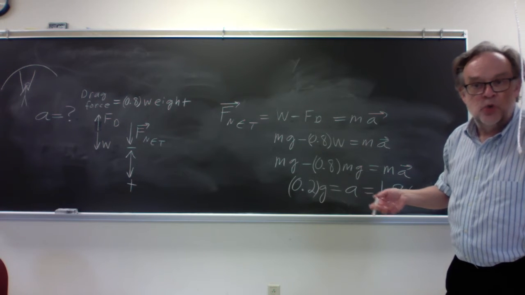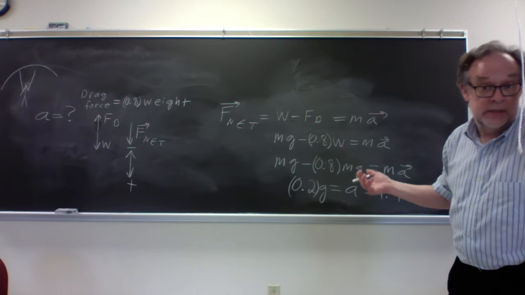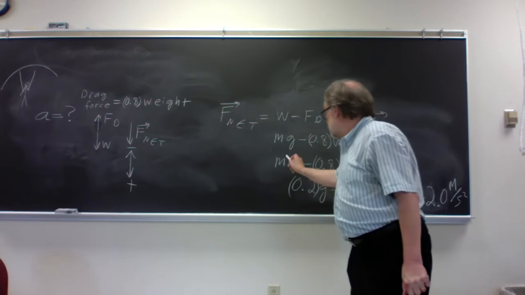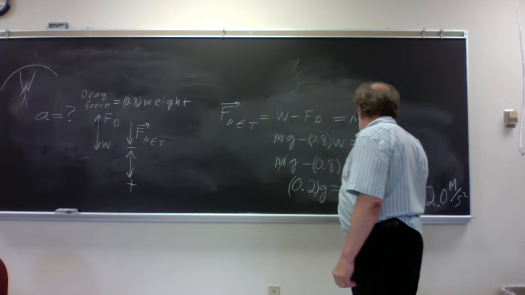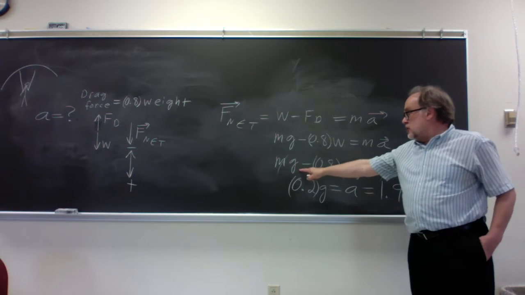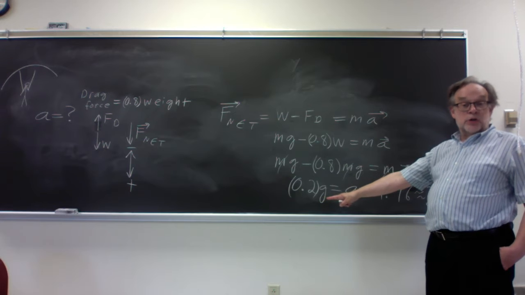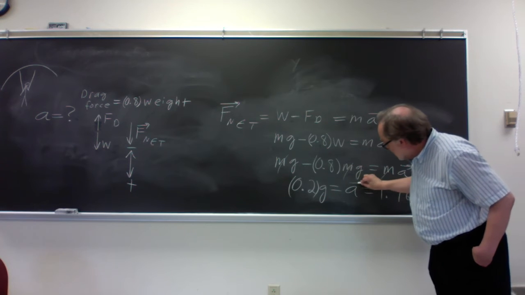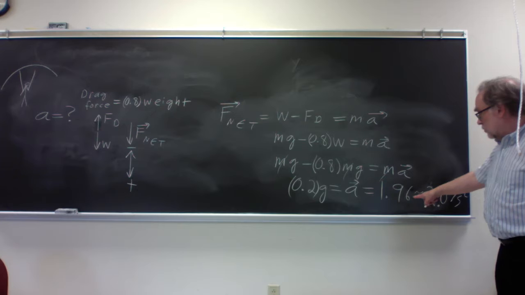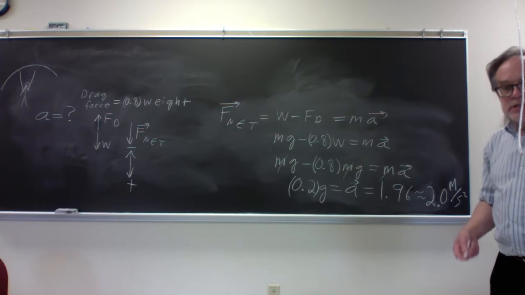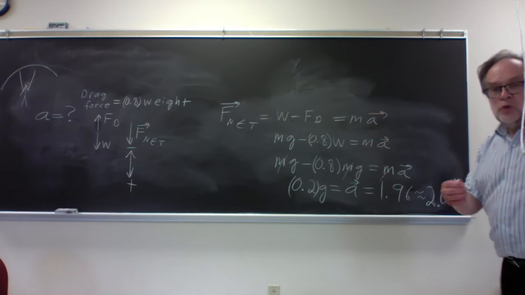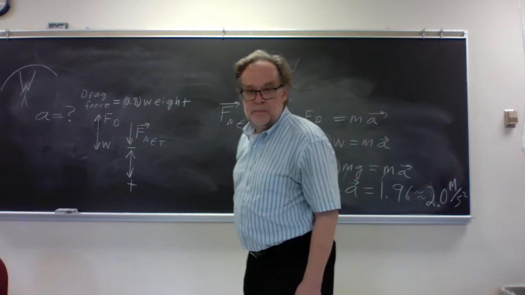We didn't even need to know what the skydiver's mass was in this particular case. And so all we're left with is g minus 0.8 g. That just gives us 0.2 g. And that's equal to the acceleration, which is 1.96, or approximately 2 meters per second squared.